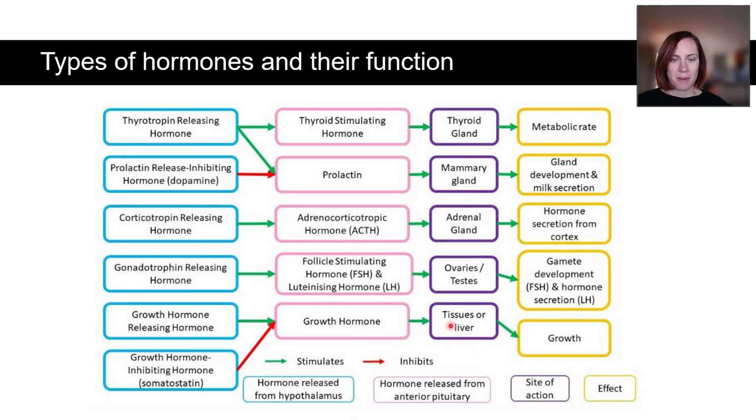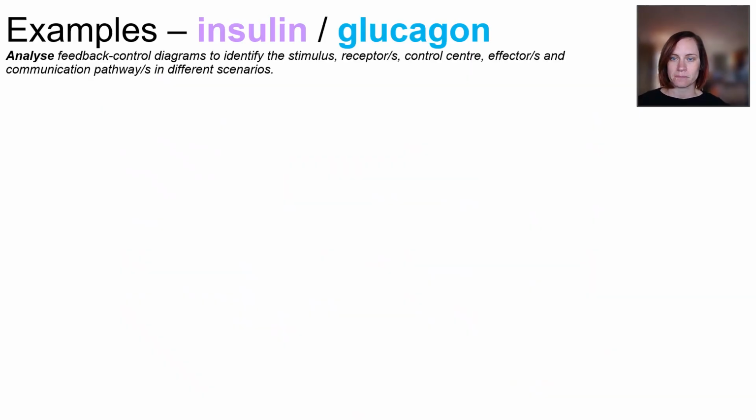It could be impacting here, it could be produced here, and really what we're trying to get is growth. If you look at more specific ones like prolactin, which we've spoken about in terms of positive feedback mechanism, prolactin is produced in the mammary gland, and it is gland development and milk secretion during breastfeeding. There are a lot of things triggering that, which then is produced here and triggers this. Really simple examples.